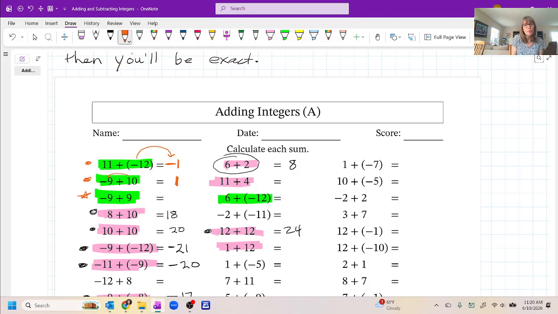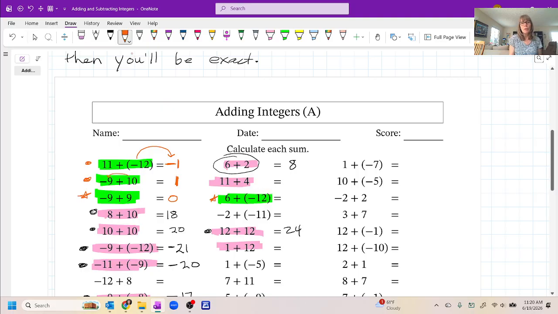In this example, negative $9 plus $9, well, I have exactly enough money to pay off my debt, so I'm going to have 0, which is neither positive nor negative. Let's take a look at this example. So here I have $6 of regular money, $12 of debt. I don't have enough money to pay off my debt, so I have $12 of debt.